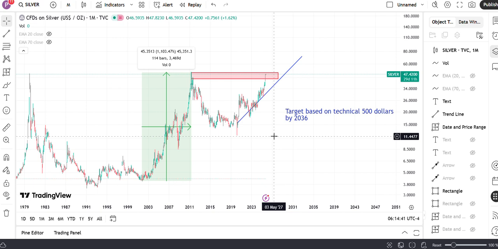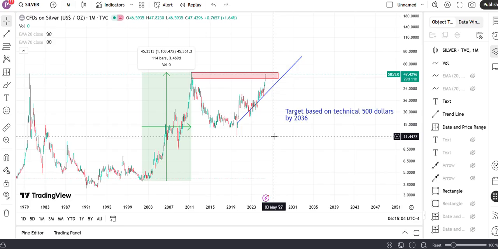Because silver is a metal, it does not have a life. One can buy and store it for a longer time, so there won't be any problem. So all the industrial companies may come forward and buy in bulk so that they can stockpile the silver.